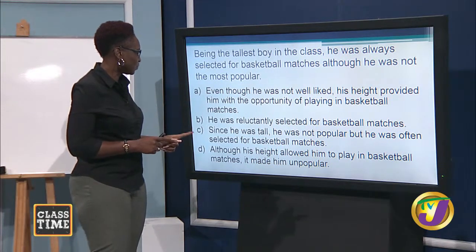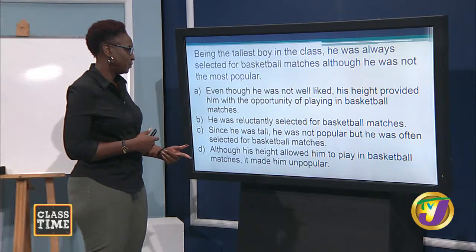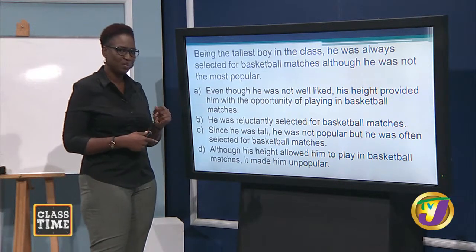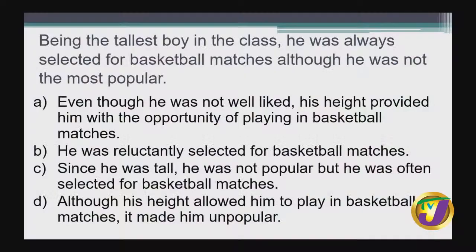Let's look at C. Since he was tall, he was not popular, but he was often selected for basketball matches. What is the idea coming through in C? Since he was tall, he was not popular. That idea being conveyed is that it is his height that caused him to be unpopular. Is that what it says in the original? No, it doesn't.